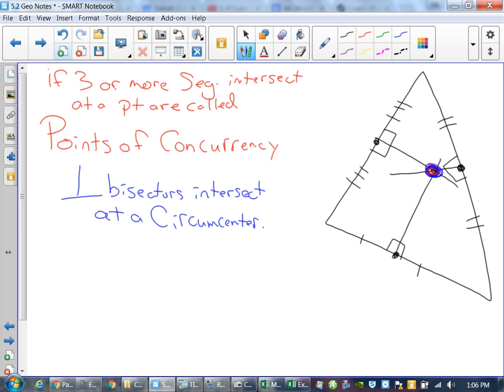the segments from the vertex to the point are all congruent. Just trying to draw this the best I can. Here's what I mean. From this point here to the vertex, vertex, and vertex, those three are the same.